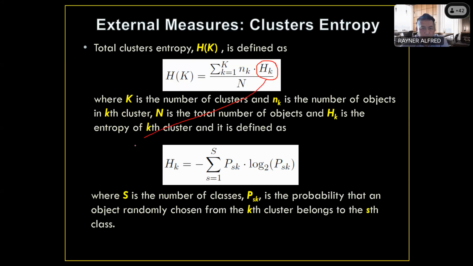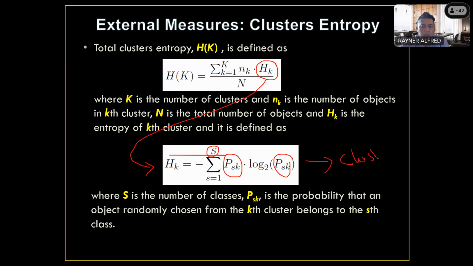So this one can be referred to here, in which we are looking at the probability of having one symbol. So we have S symbols here. For each of the symbols, we look at the probability of having that particular symbol, and then we add up all those terms. So this is only for one cluster.